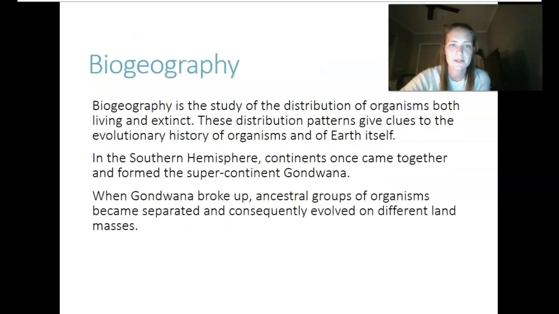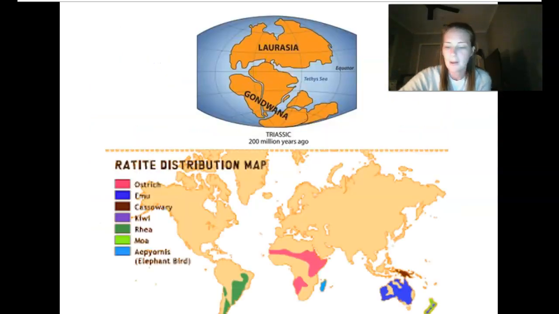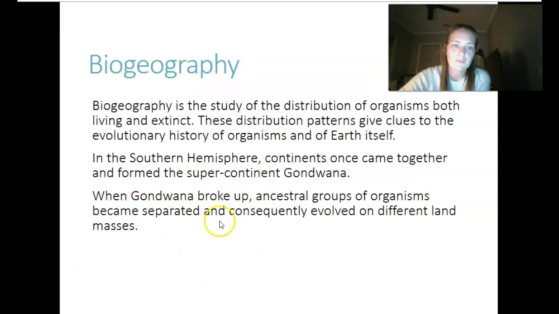So that summarizes radiometric methods. Okay, very quickly then, biogeography. So we're looking at the distribution of fossils and current species, modern species on the Earth, with the knowledge that due to continental drift, different landforms existed in different periods of time.